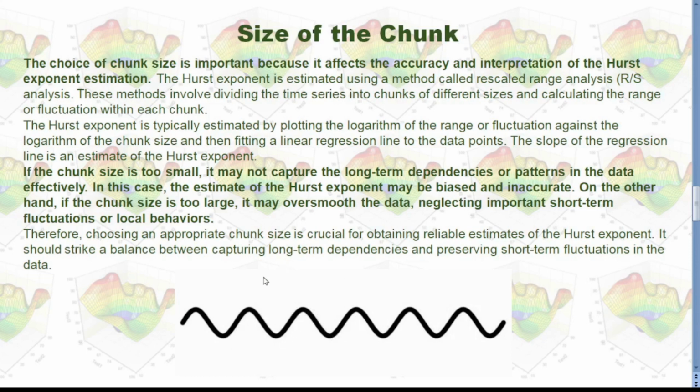But if I pick the chunk size to be the same as the sine wave cycle, from here to here as one chunk, and from here to here as one chunk, and I calculate the Hurst exponent, you can see I will get a flat line, so it will not show the mean reversion of this sine wave.